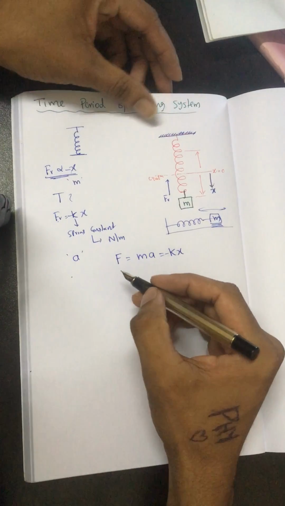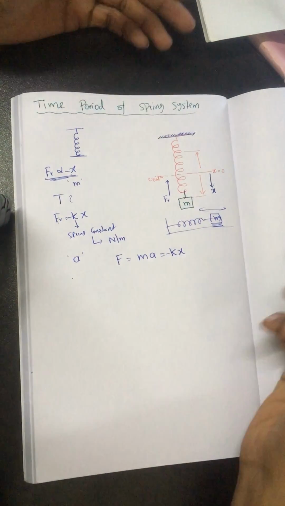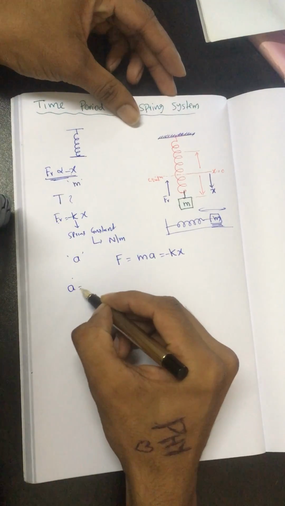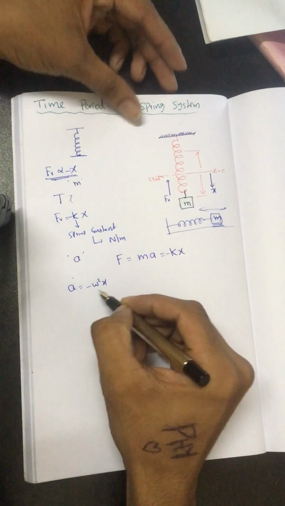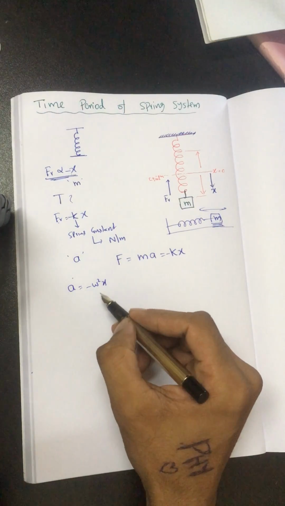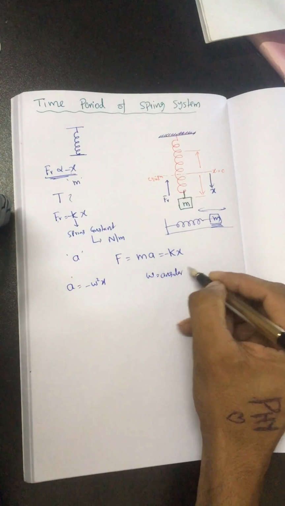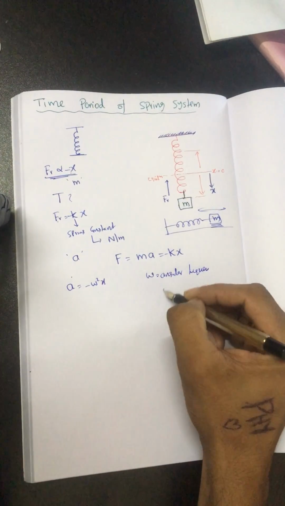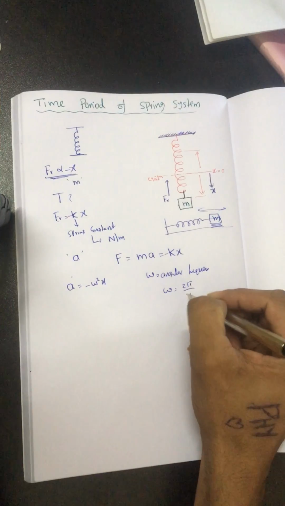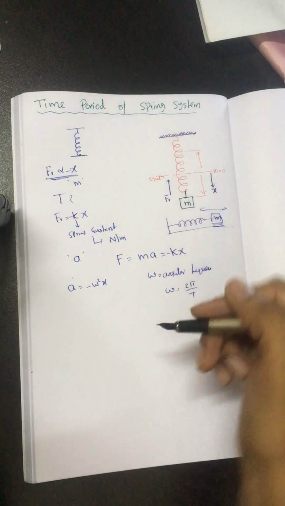Since it is a simple harmonic oscillator, the acceleration of the block is actually minus omega square x. This is an expression from the concept of the simple harmonic oscillator, where omega is the angular frequency, which is equal to 2 pi by T, where T is the time period of this block because it's oscillating.